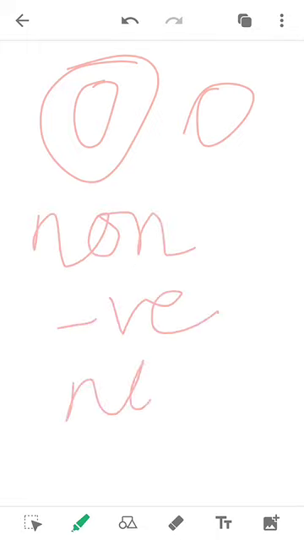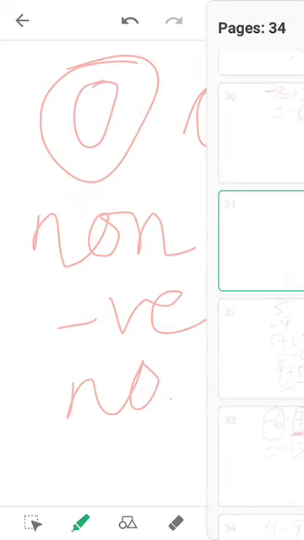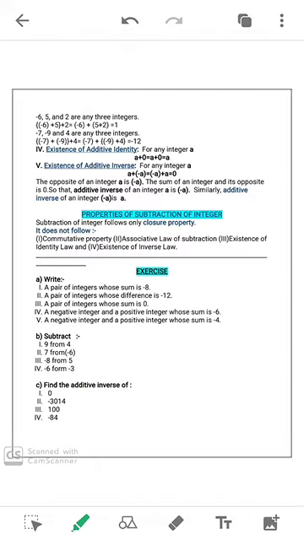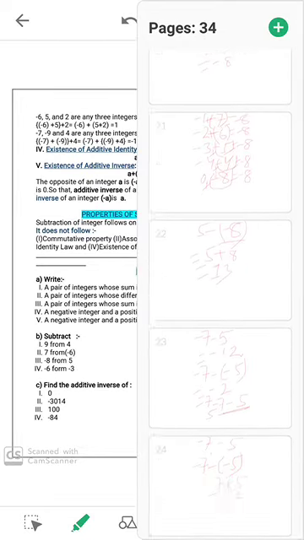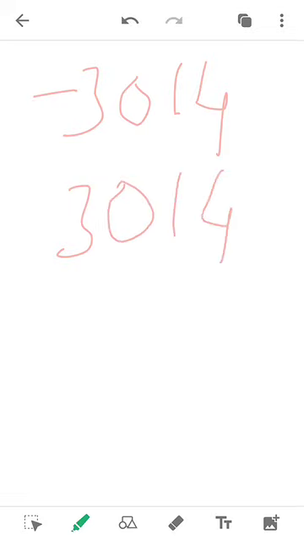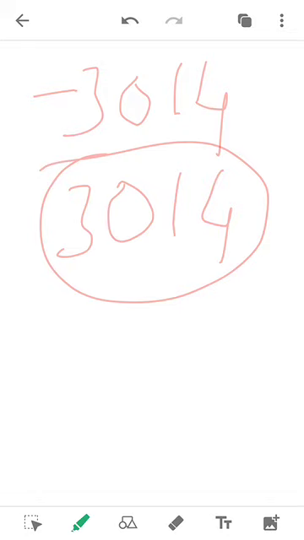That's why we call 0 a non-negative number. Additive inverse of minus 3014 is 3014.